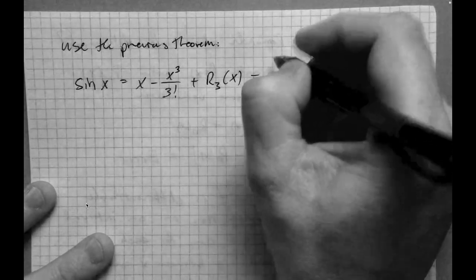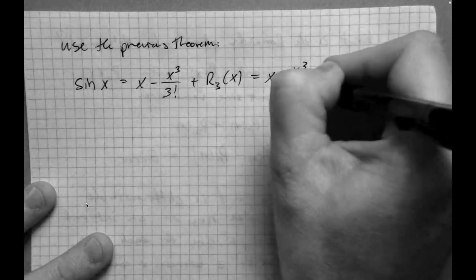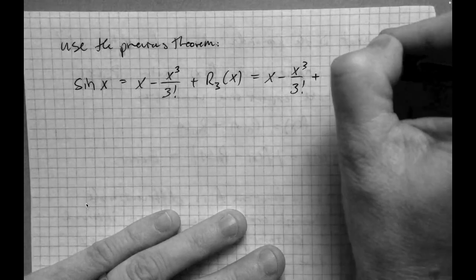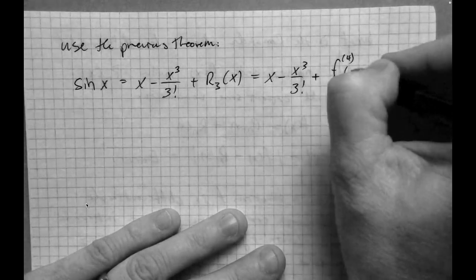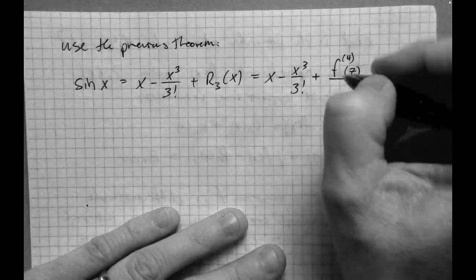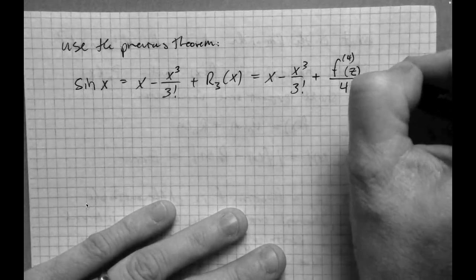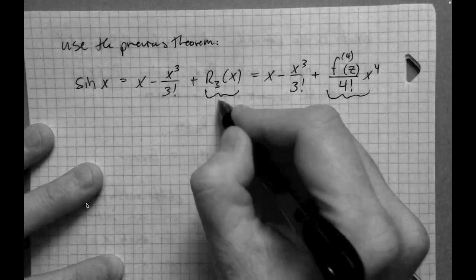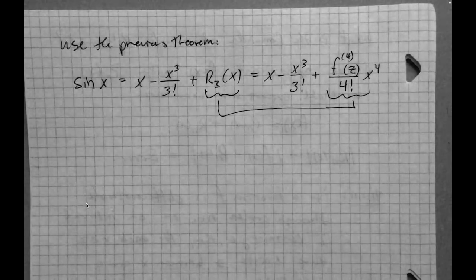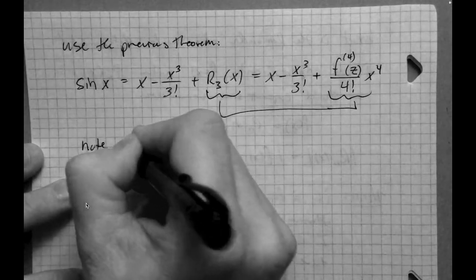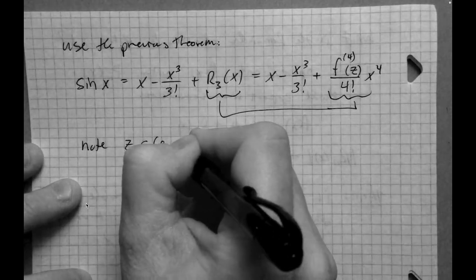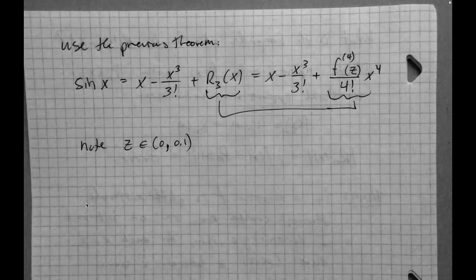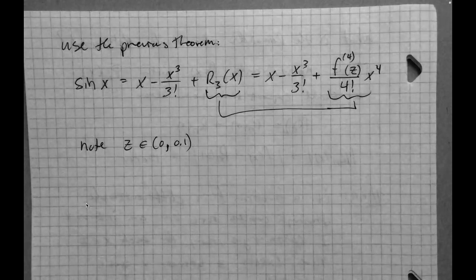So what's the remainder going to be? It's going to be the fourth derivative evaluated at some z divided by 4 factorial times x to the fourth. Okay, so this is the remainder here. And now note, z is in the interval 0 to 0.1. So it's going to be somewhere in there.